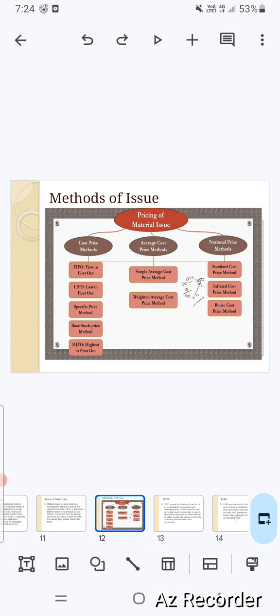Next base stock method. Next one is HIFO, highest in first out method. The average cost price method is classified into simple average cost price method and weighted average cost price method. The notional price method is further classified into three, that is standard cost price method, inflated cost price method, and reuse cost price method.